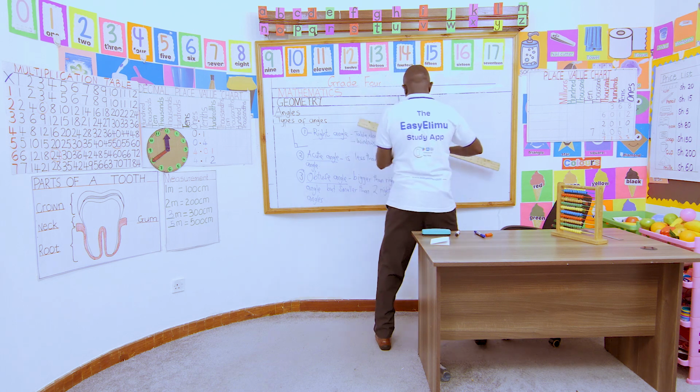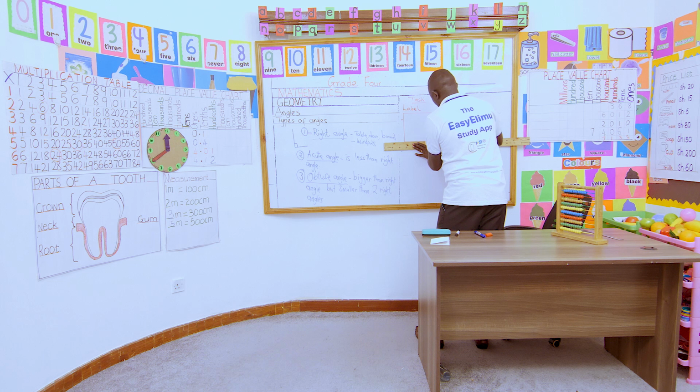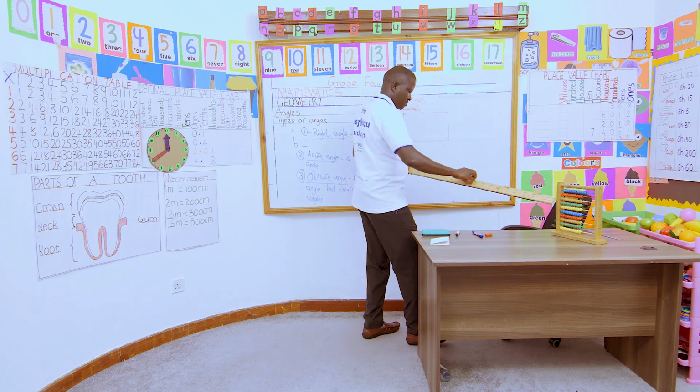Label the following. What are you labeling? This is what you are labeling. Observe very well what you are labeling. I'm coming up with different angles here. Try to label them.